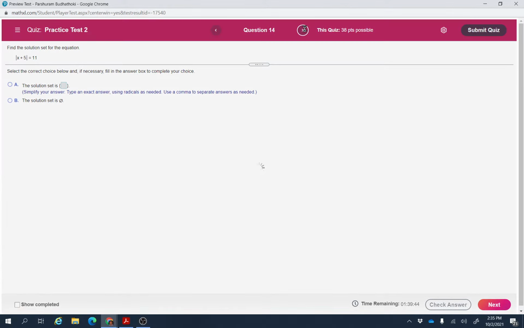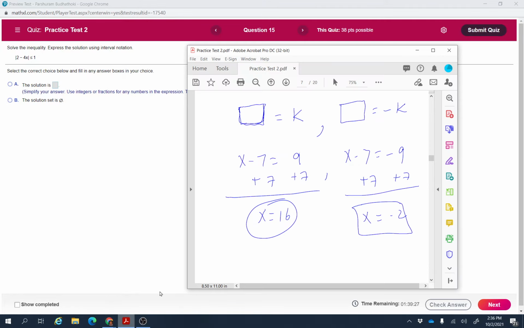Okay, a very similar question, I'm going to skip it. Here, this is the absolute value inequality problem. You can solve in a similar manner, but you also have to understand the meaning of the absolute value with inequality.